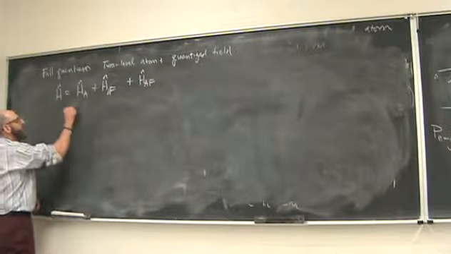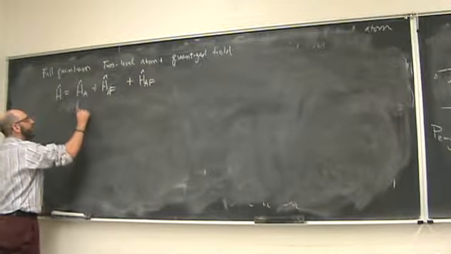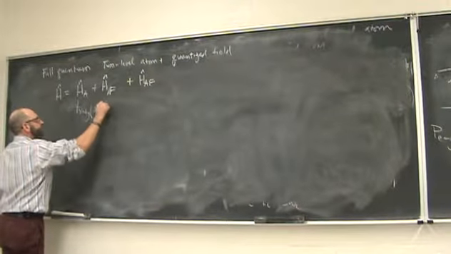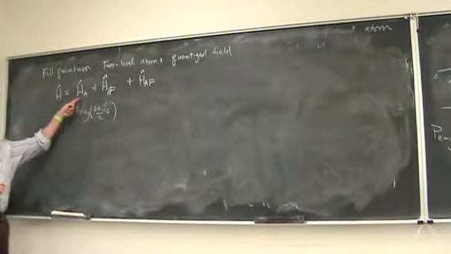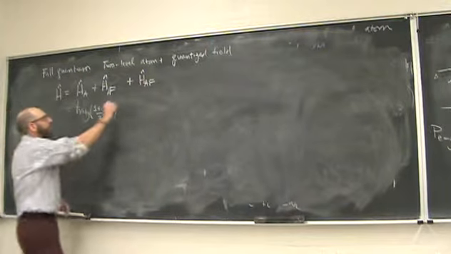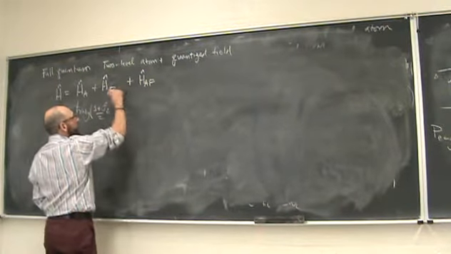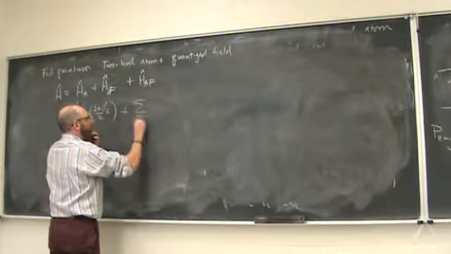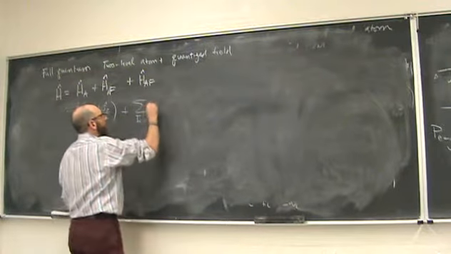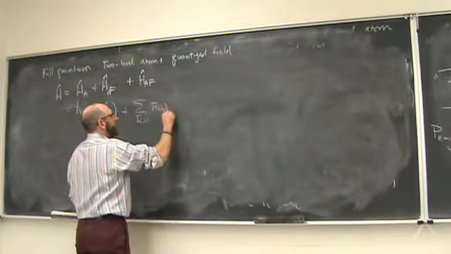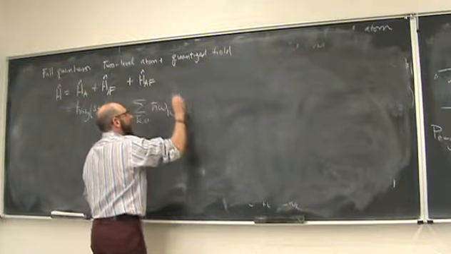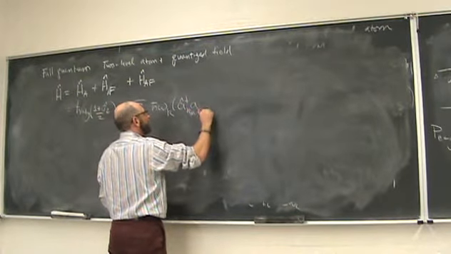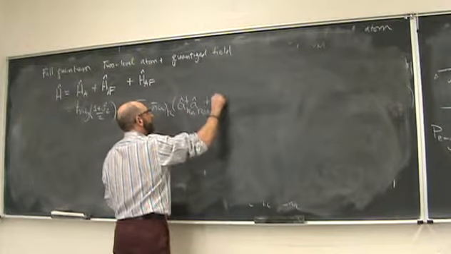So, as we took before, that's my atomic Hamiltonian, that hasn't changed. My field Hamiltonian is the sum over all the modes, whatever those modes are, of h bar omega_k (a dagger a plus a half).